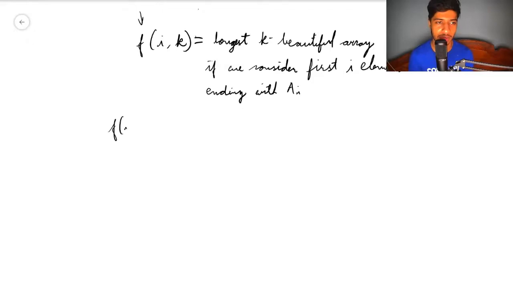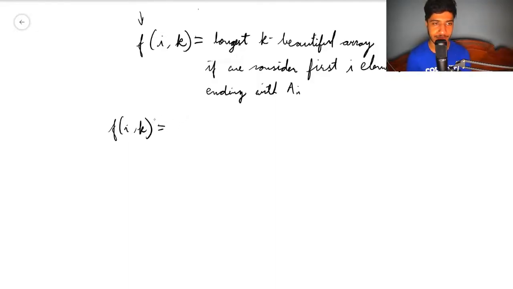So this is something that I personally call the informal definition of our recursive function. f is supposed to be a recursive function if we have a dynamic programming solution, so it must have a recursive definition. But what does f(i, k) even mean in English? That I call an informal definition. The recursive function is what I call a formal definition.